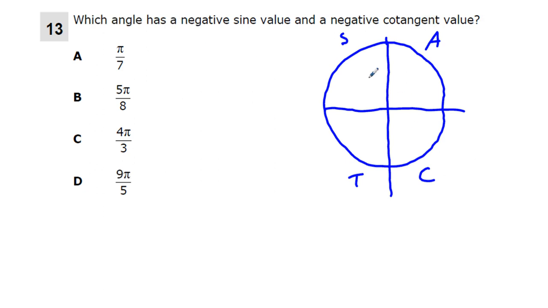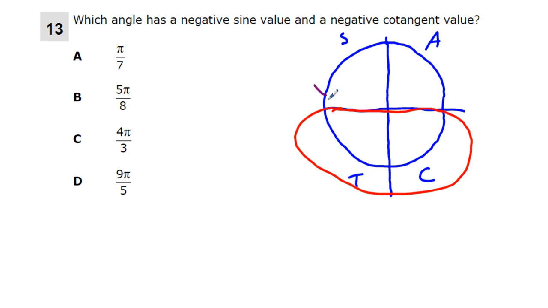So the negative sine value is going to be in these two quadrants here, 3 and 4, and negative cotangent value is going to be in these two quadrants here.